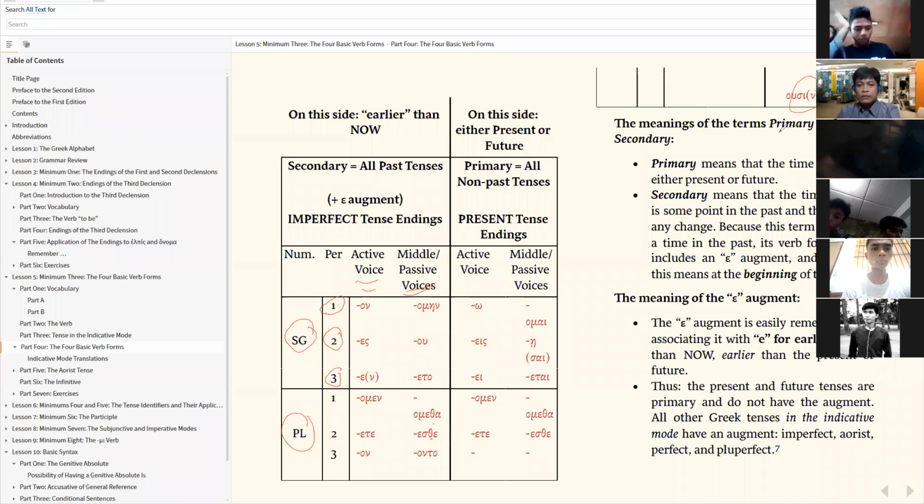So omen, ete, ousin. It's on the other side here.